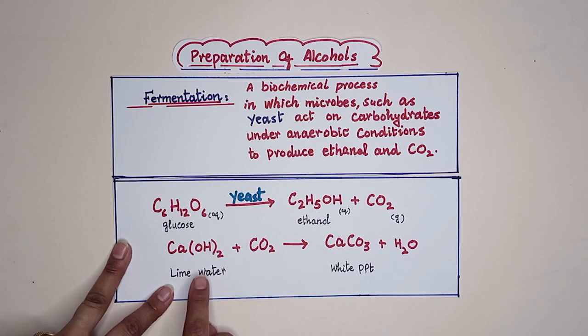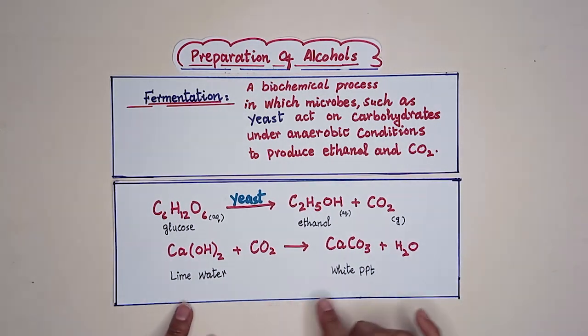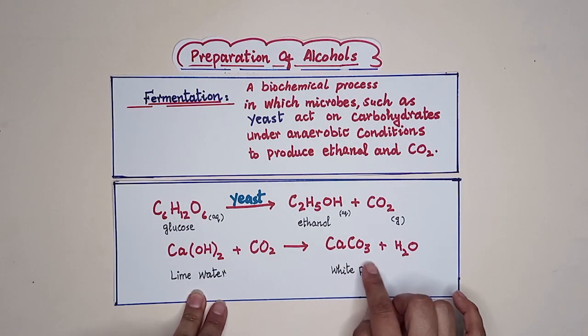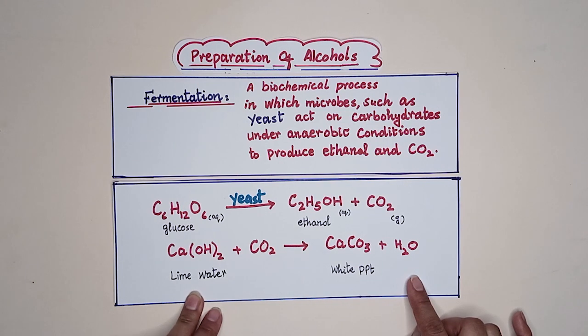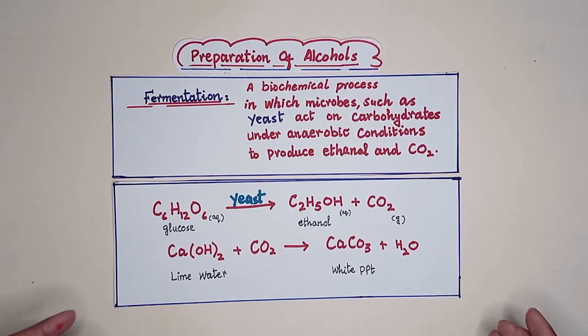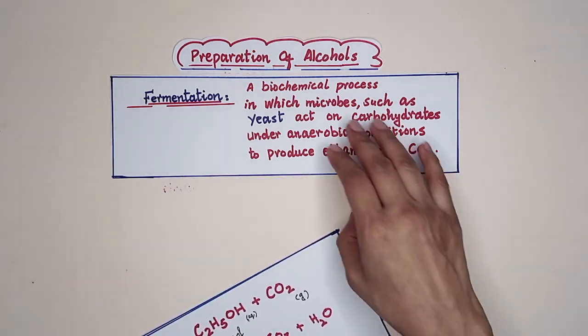Carbon dioxide gas is checked with lime water. It turns milky, meaning it produces calcium carbonate precipitate. This is how the fermentation process proceeds.